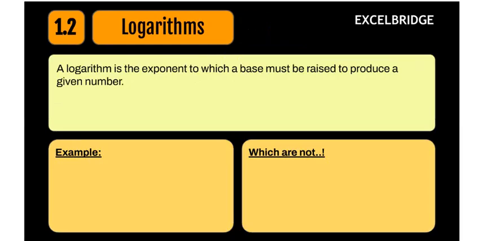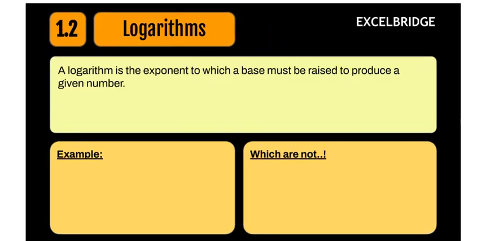A logarithm is the exponent to which a base must be raised to produce a given number. To say it easily, a logarithm is an exponent to which a base must be raised to produce a given number. From the concept of exponents, 2^3 equals 8. If we express this in terms of logarithm, we write log 2 of 8 equals 3.